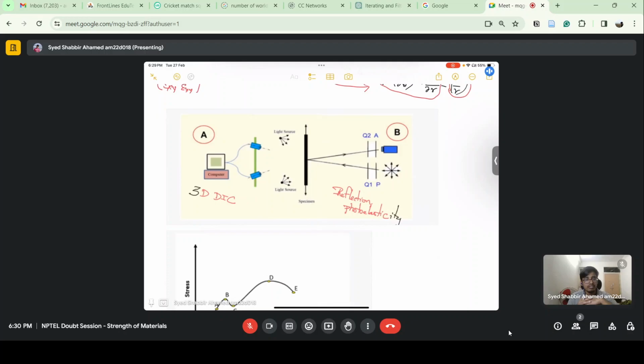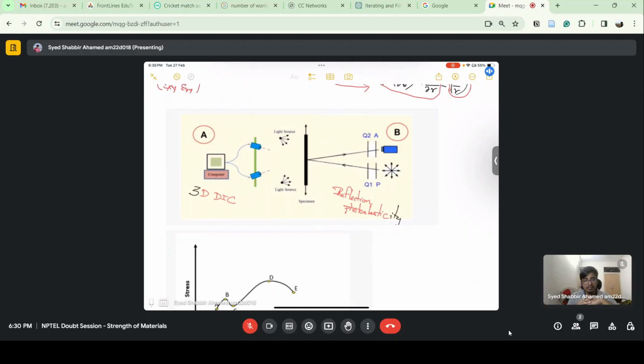If you want to measure point strain, we use strain gauges, and if you want to get full-field measurements, you use reflective photoelasticity, and also we have image correlation.